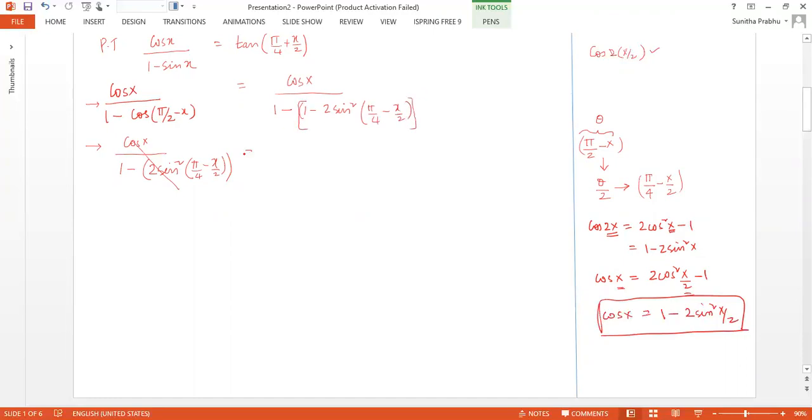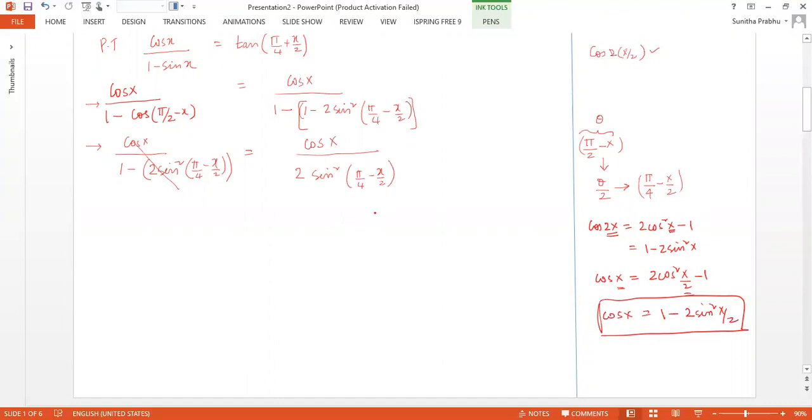By doing this, what we are achieving is 1 minus 1. So the 1 in the denominator is getting eliminated. Minus of minus is 2 sine square pi by 4 minus x by 2. That's what I'm having now.